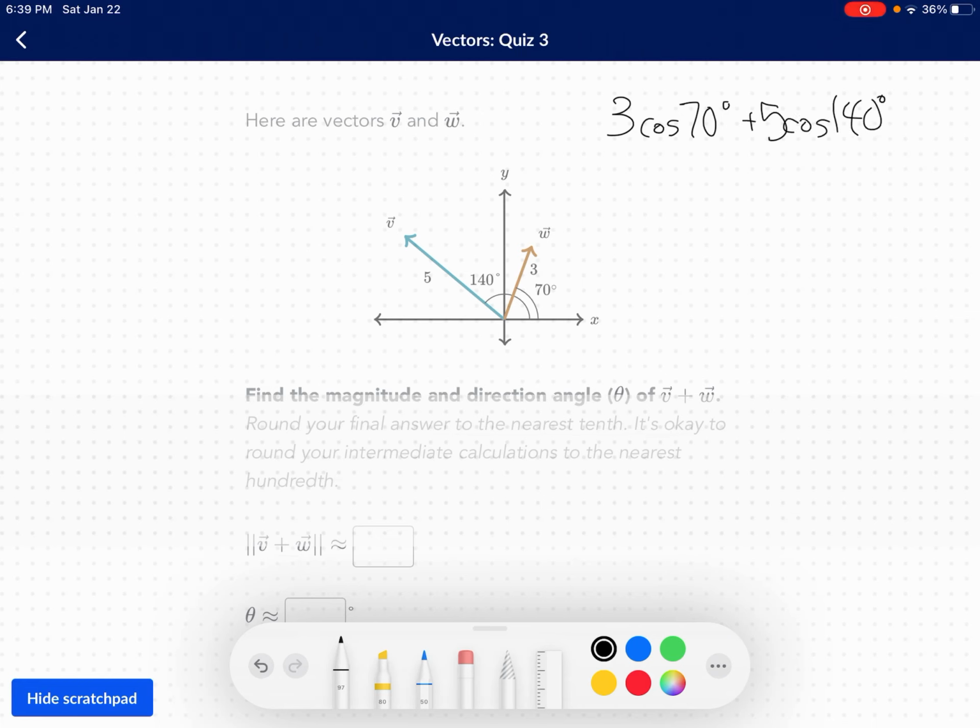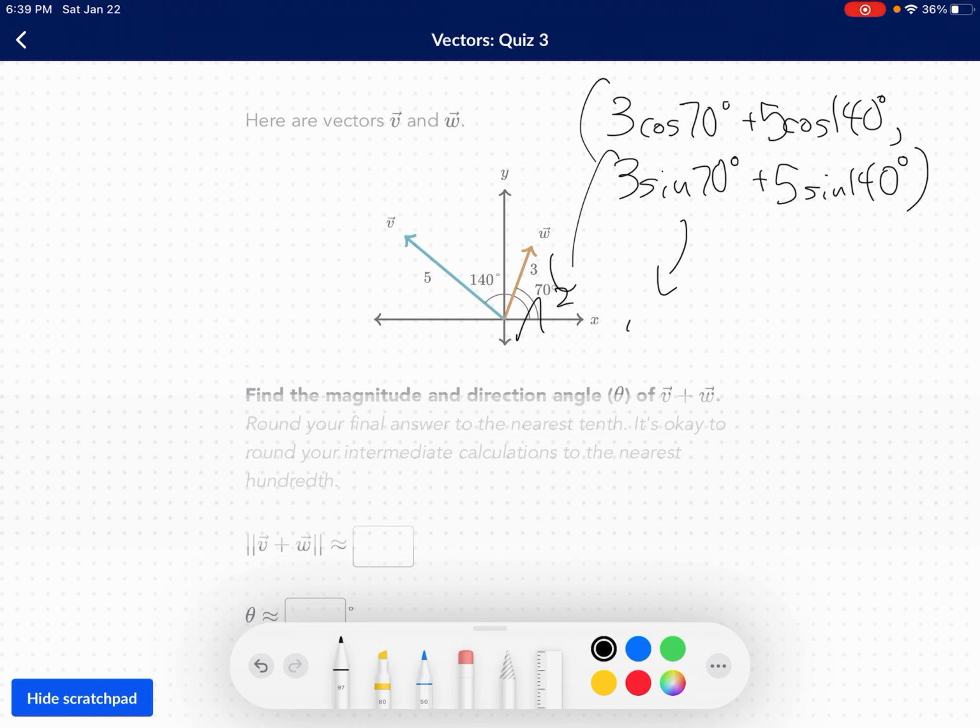Now that I have the values, I'll square both of them and take the square root. So I'm going to do that now in the calculator.